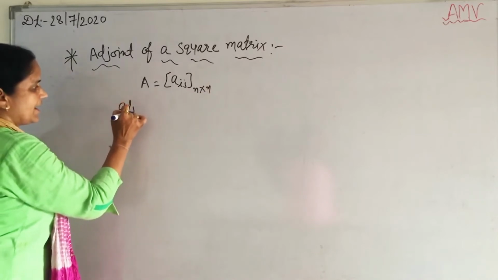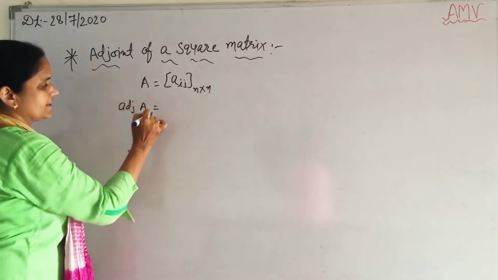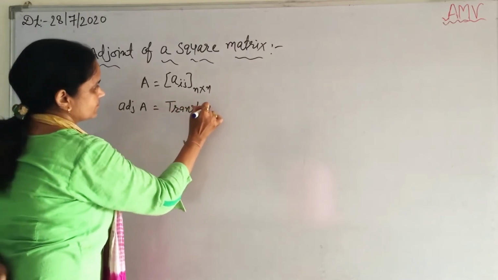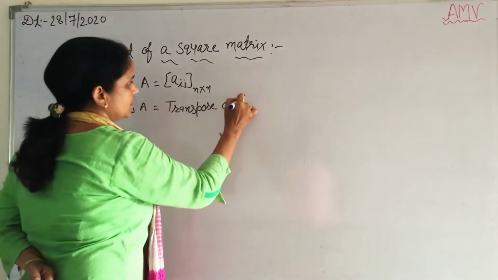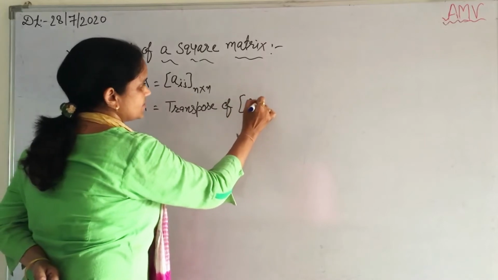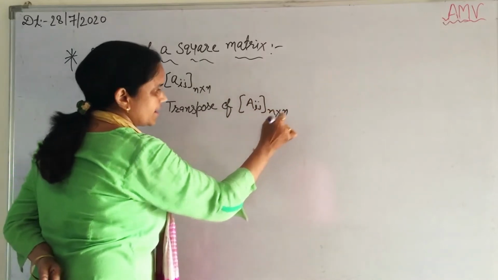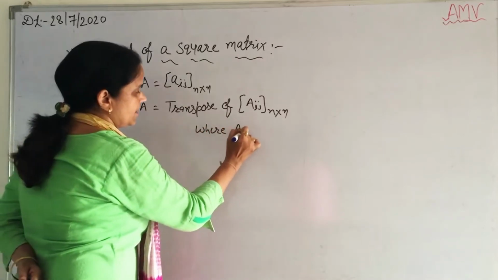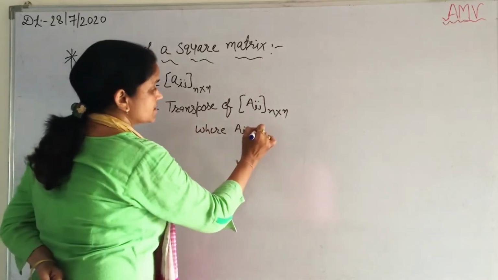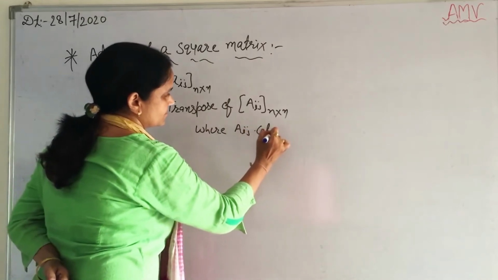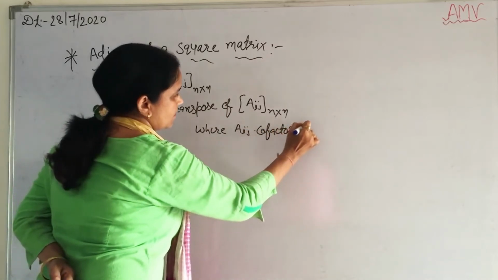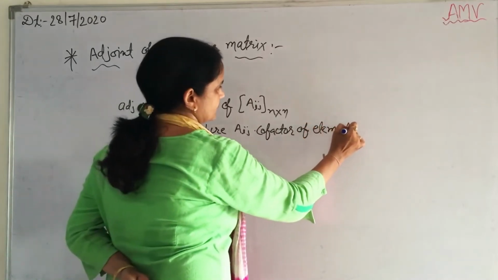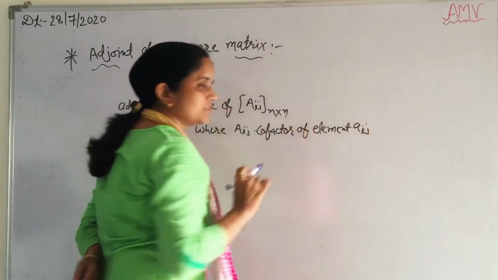Then the adjoint of A is the transpose of the matrix [Aij] n by n, where Aij is the cofactor of element aij.